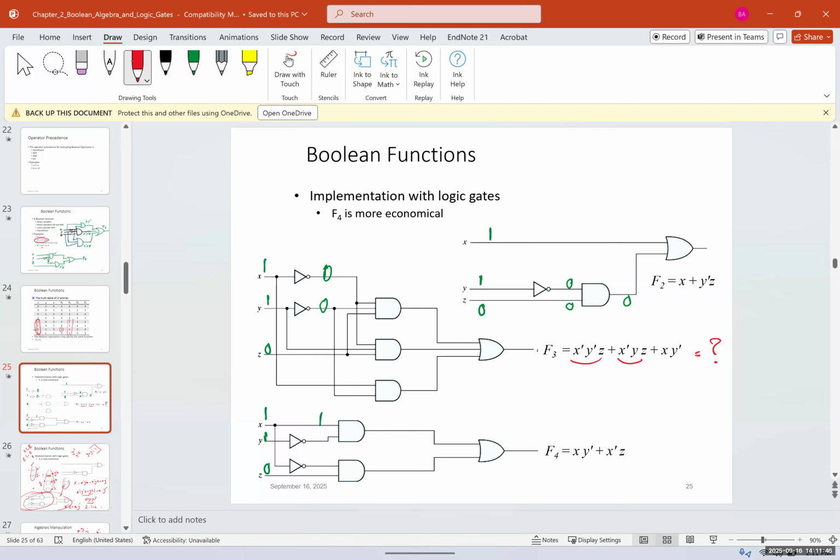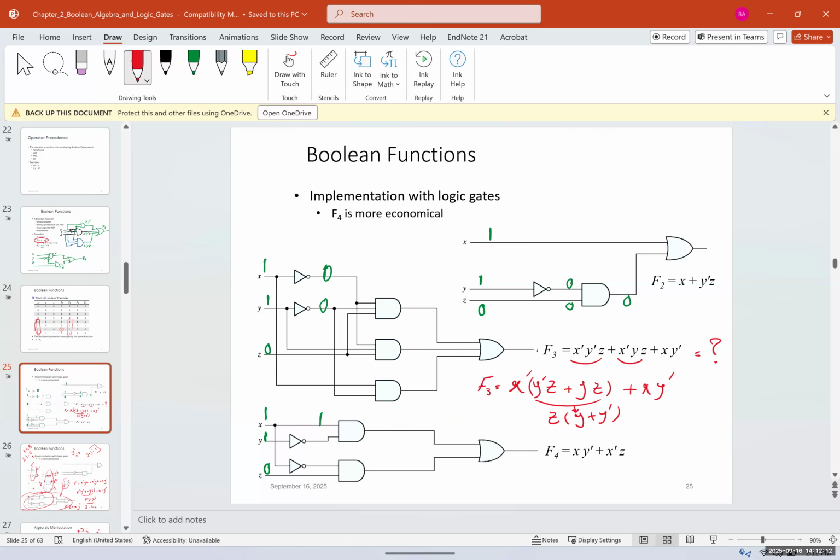Can I combine these two and write it like this? F3 would be equal to x prime times y prime z plus yz plus xy prime. Can I write it like this? Yes. And I can do it again here as well. I could say this is z times y plus y prime.